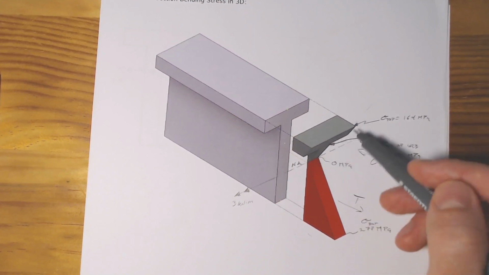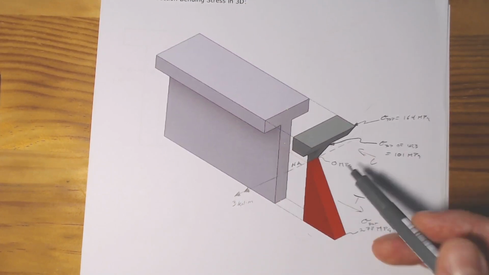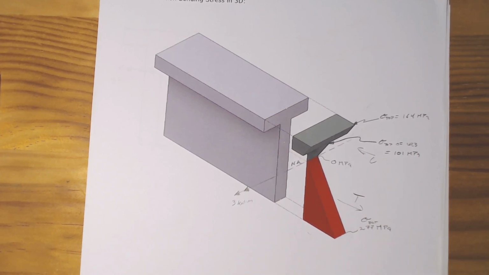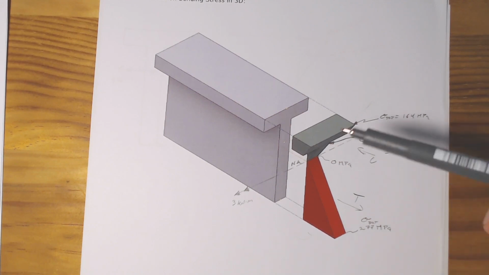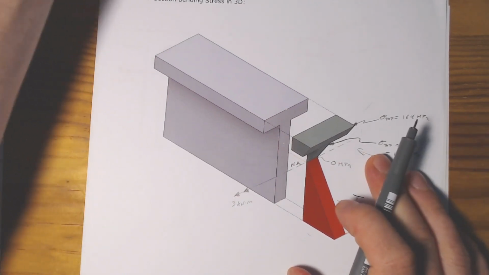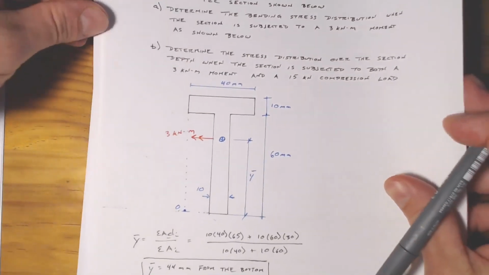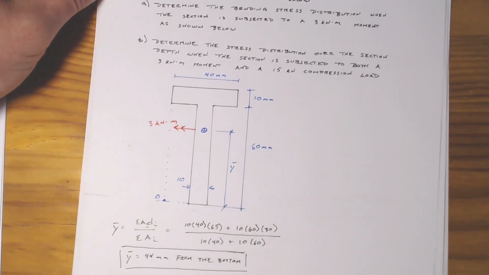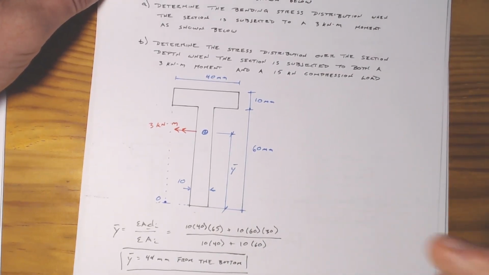But in order for our compression volume to equal our tension volume, the stress has to be bigger on the other side. Hopefully that 3-dimensional example helps show why we have this difference in our stress distribution. So that's our part A, which was simply determining the bending stress distribution of the cross section due to this 3 kilonewton meter moment.